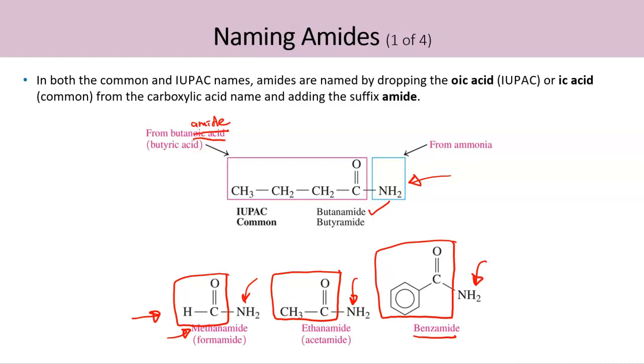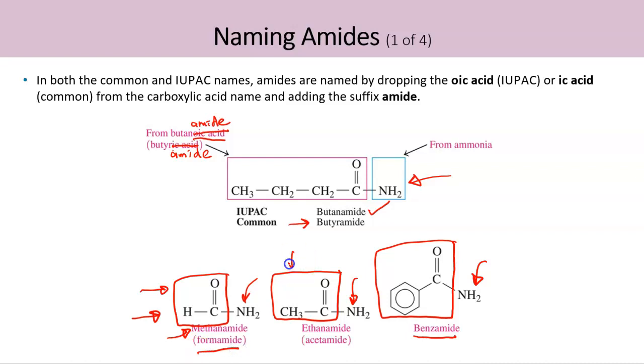And if you look at the common names, butanamide will be named butyramide because in butyric acid, you just replace the ic acid with amide to make butyramide. And this carboxylic acid is named as formic acid according to the common names, so formic acid will convert to formamide.